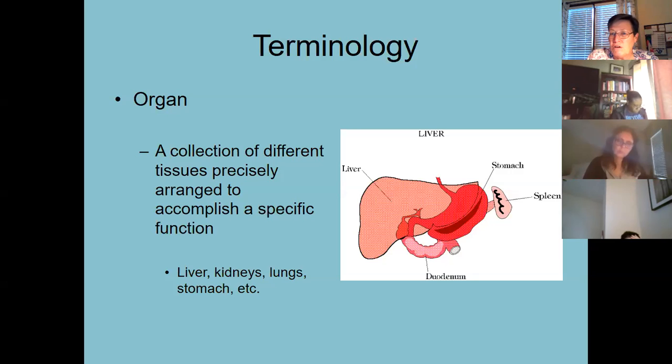When organs are damaged by radiation, again, the damage is typically going to be expressed as a loss of function, or it could be expressed as atrophy or necrosis.